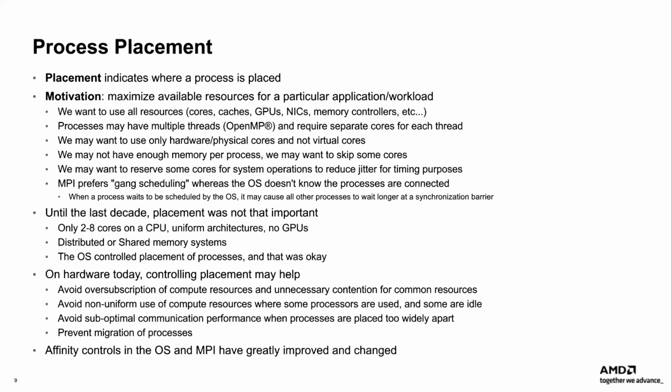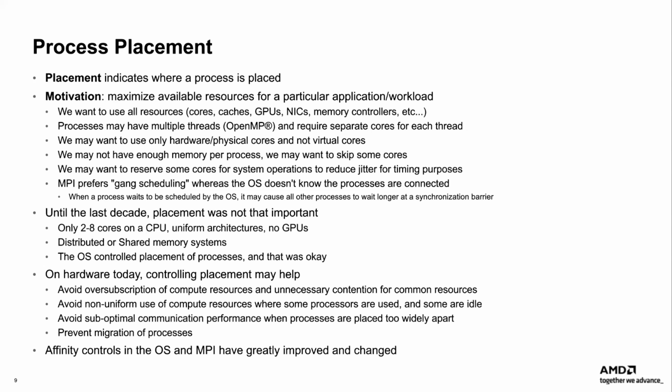Until the last decade, placement was not that important because we only had very few cores. We had uniform architectures. We didn't have to deal with GPUs. And we had either distributed or shared memory systems. And whatever the OS did was okay. But today, we have to think about placement because we want to avoid oversubscription of compute resources and unnecessary contention.